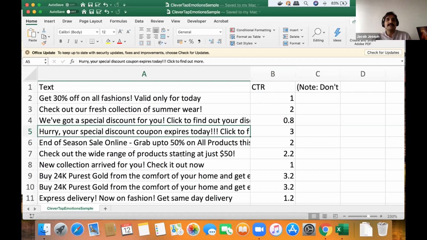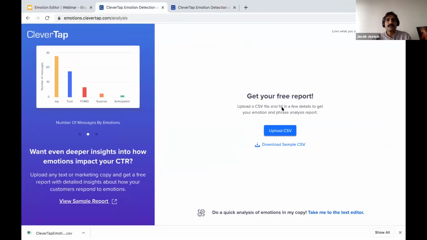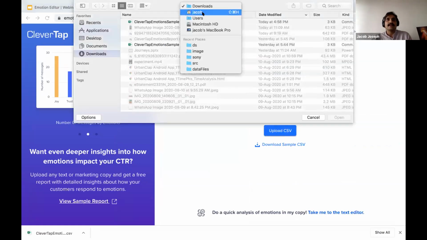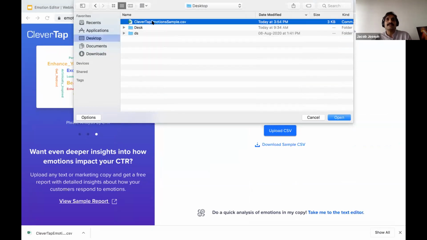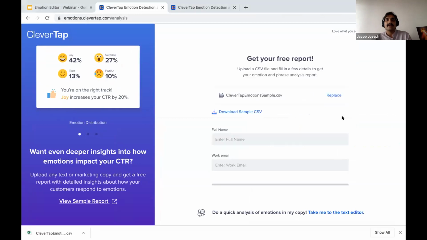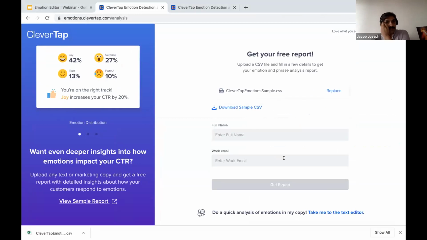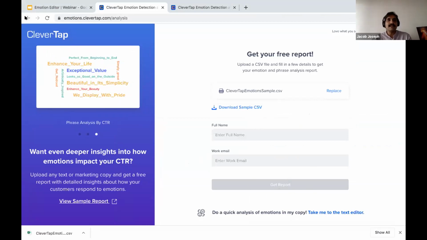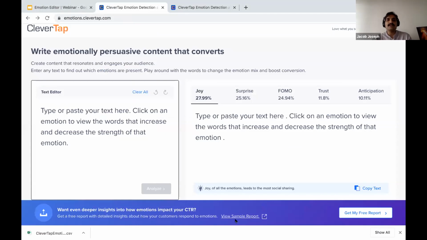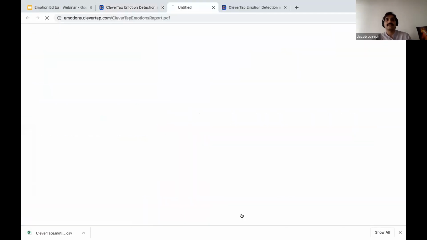Once you have this, the next step is you upload this CSV and just put your name and email address, and that's it. Your customized report will be generated for you, and you will receive it in your inbox in some time. Now let me go back and show you how this sample report looks.